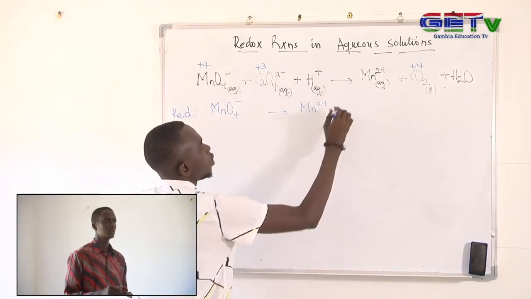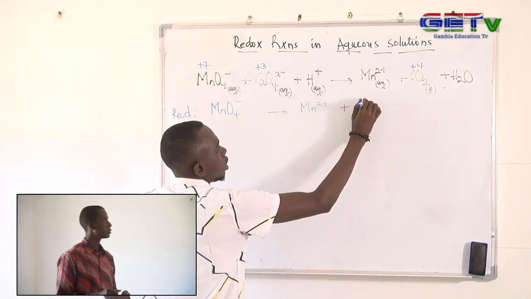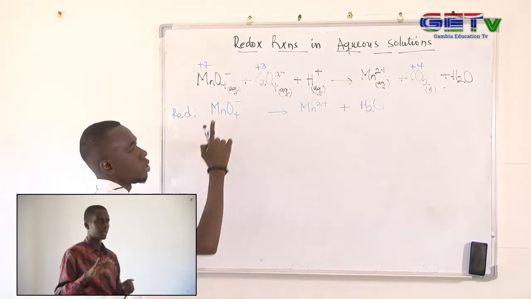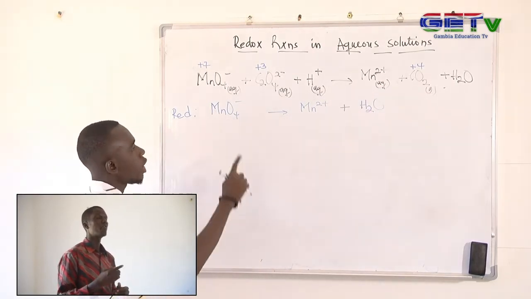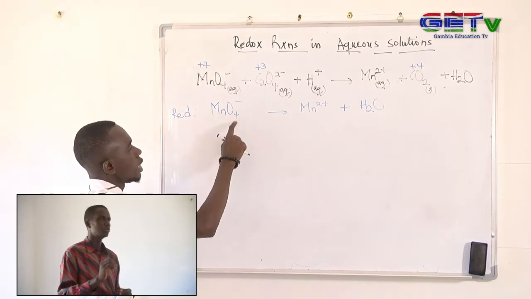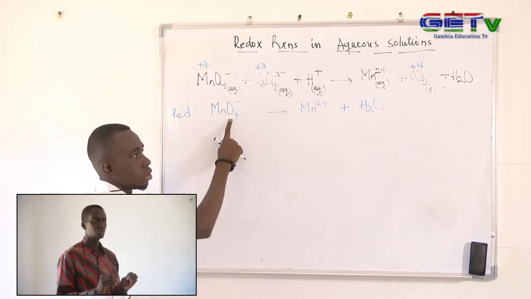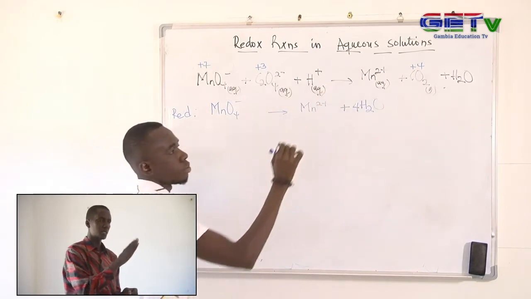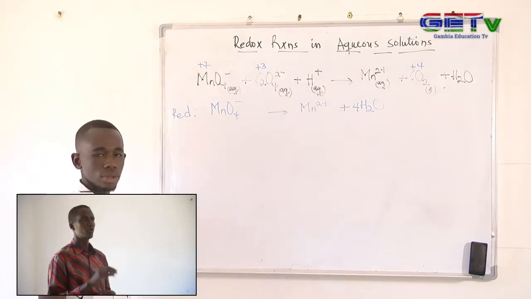Which means we'll first put here water, so that we'll have oxygen. Now, the oxygen here is 4, and the oxygen here is 1. So we put here 4 to balance the oxygen atoms.